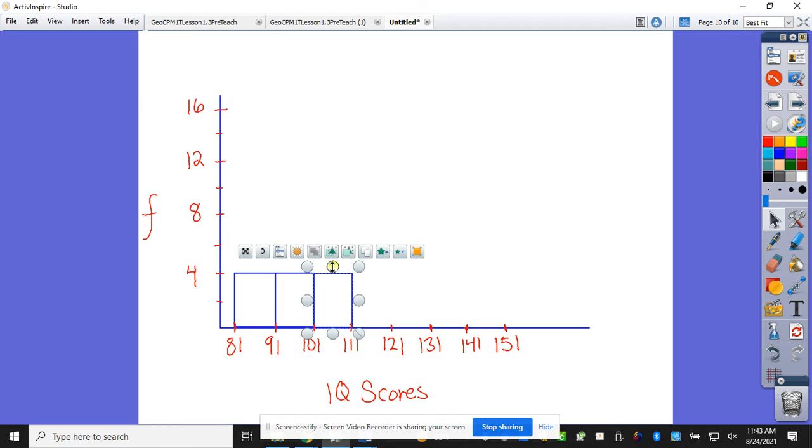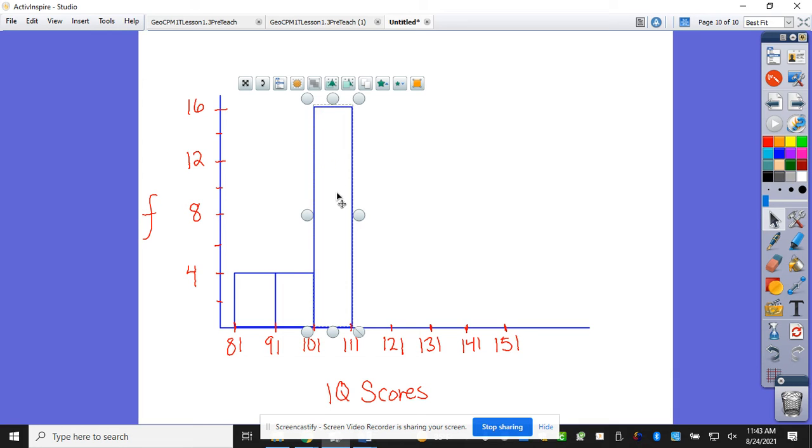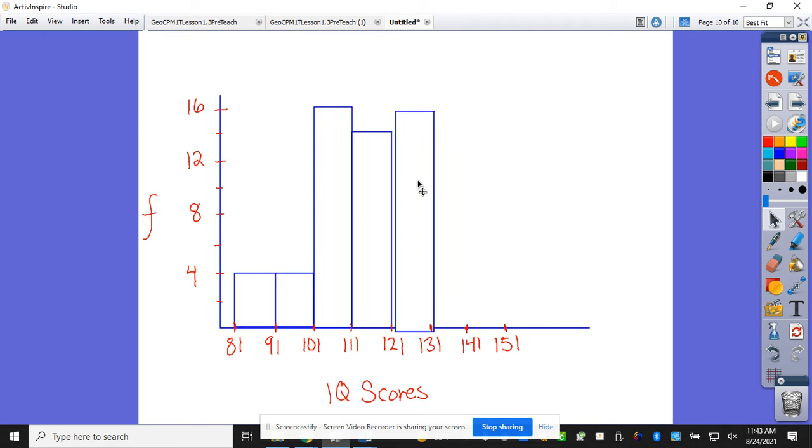Our next one's 16, right? And what's this one? What's the next one?